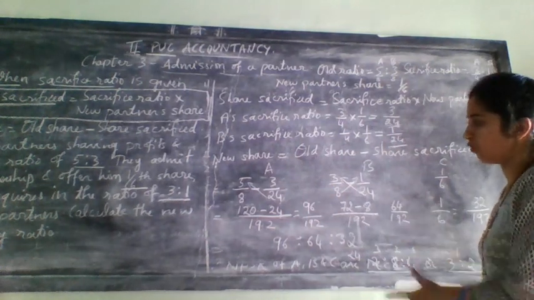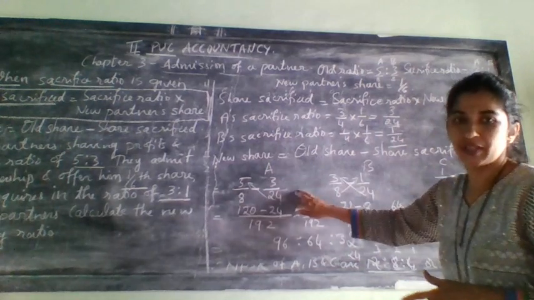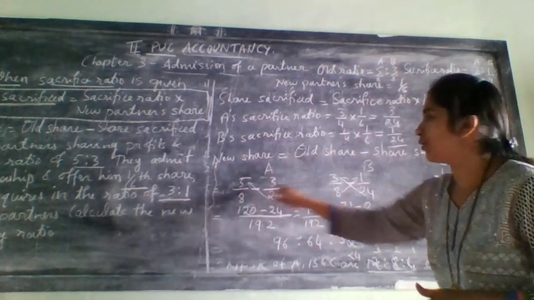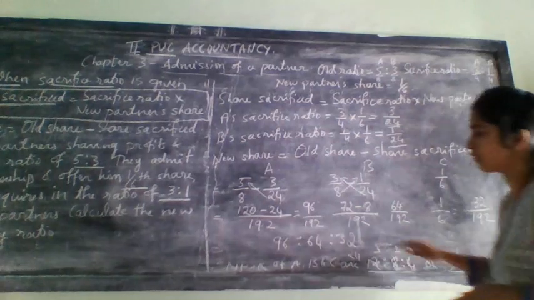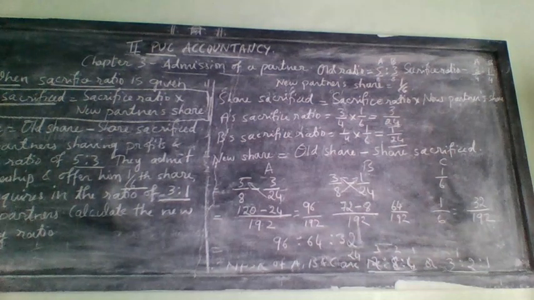So when you do cross multiplication, the numbers you are getting will be bigger. So try to follow this only, because they will give you easy ones only. So you can make out and write it as a denominator, and then you need to find out. Here it will come 96, 64 and 32.